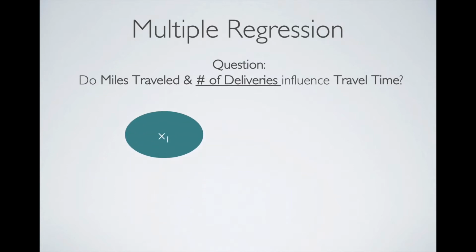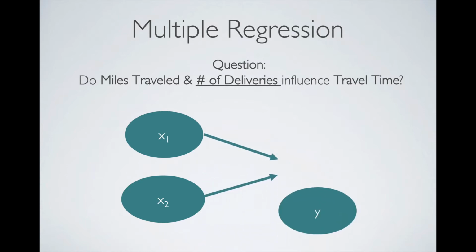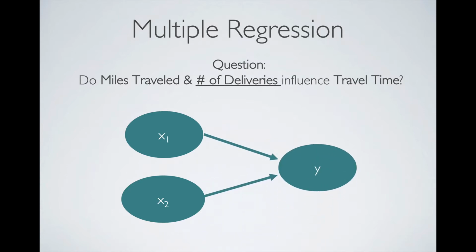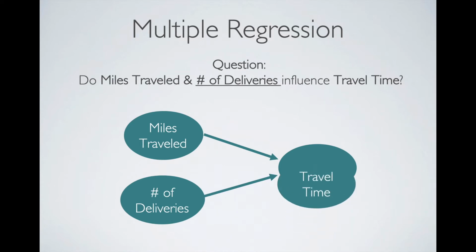Here is the graphical representation of that. So we have two independent variables impacting the dependent variable Y. So for the trucking company example, we have miles traveled and number of deliveries impacting travel time.